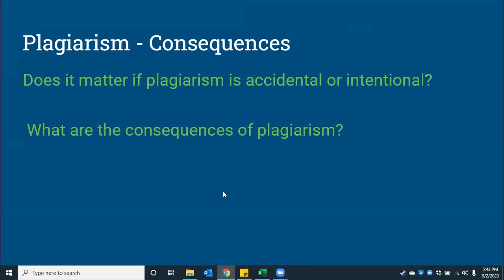So it's not something that schools or teachers take lightly. And it doesn't matter. For one, you should have been more careful, right? You should absolutely make sure that your paper is citing all the ideas that are not yours. Second, there's no way to prove that it was unintentional, right? You could tell me that, but be lying through your teeth, right? So the easiest way is just to avoid it altogether.